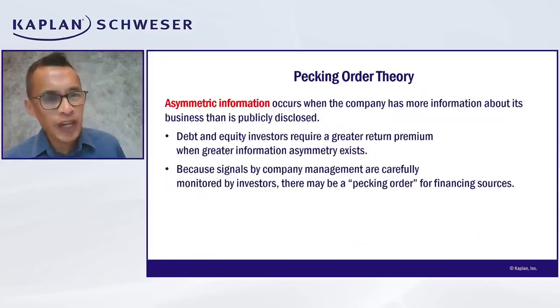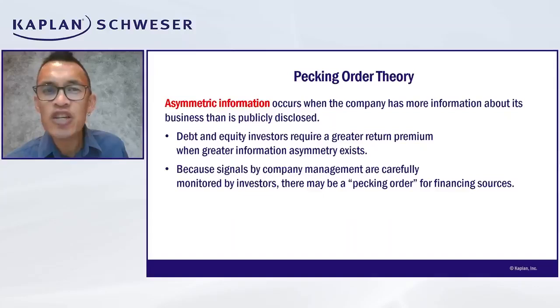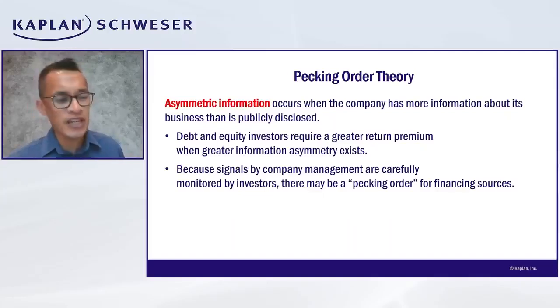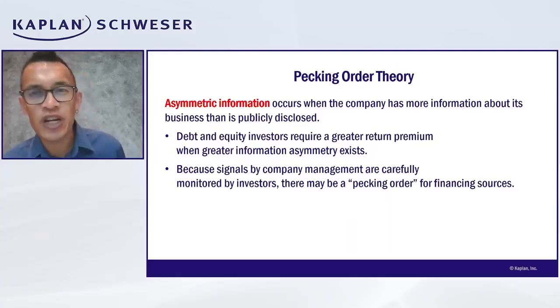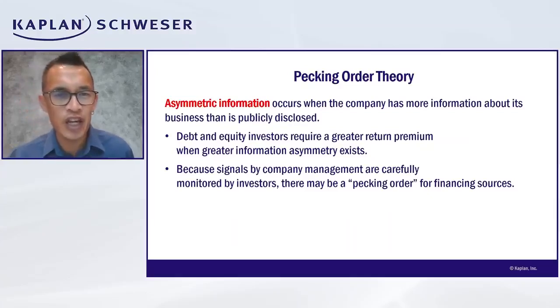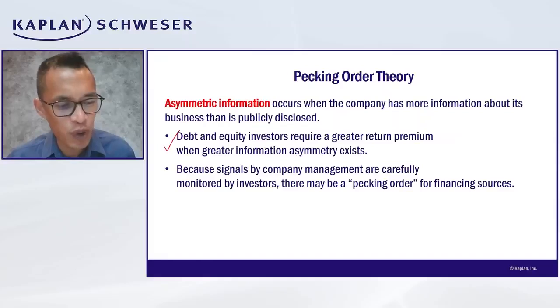All right, pecking order theory. Now, when investors perceive that company management are likely to use their insider information to their advantage when seeking financing, then of course these investors will demand higher returns due to the concern that the new securities will be overpriced. Okay, and that's the whole point we're getting at in this first bullet point.